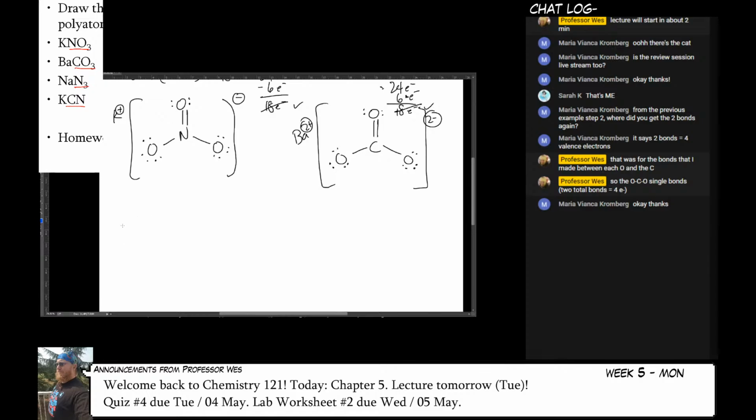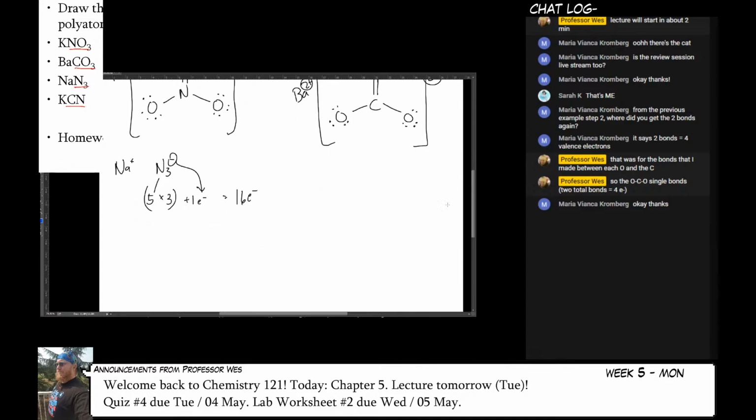Then we get sodium azide, so sodium is plus like that. Azide is minus. There are 3 nitrogens, and then I gotta add this in here, so don't forget that. That's 16. Which N is the central atom? Well, it doesn't really matter.